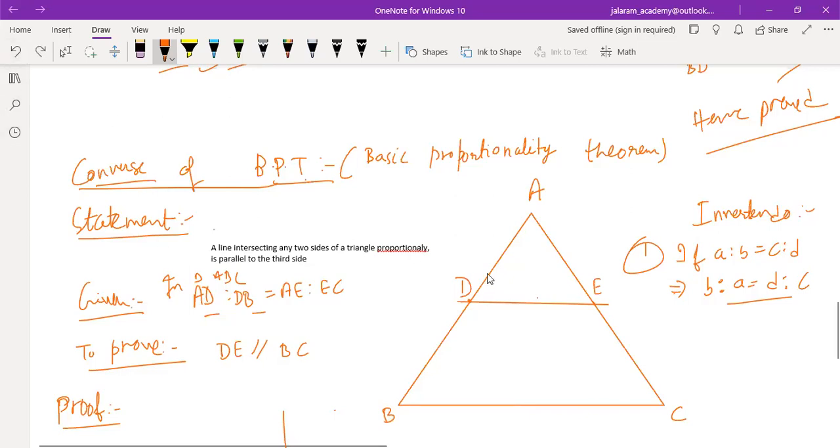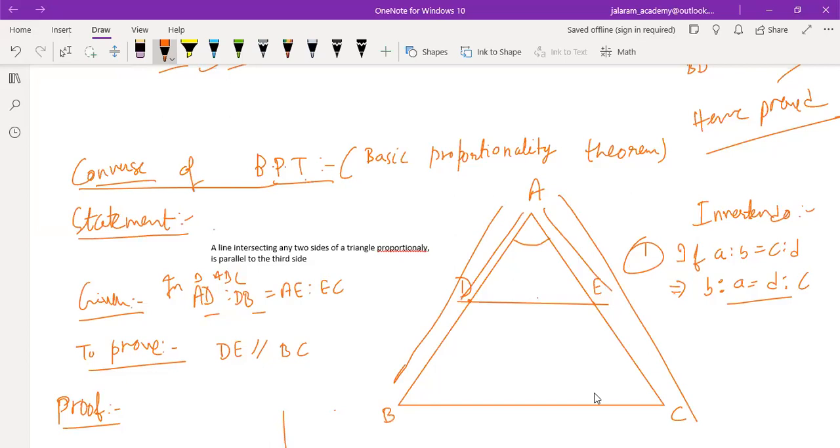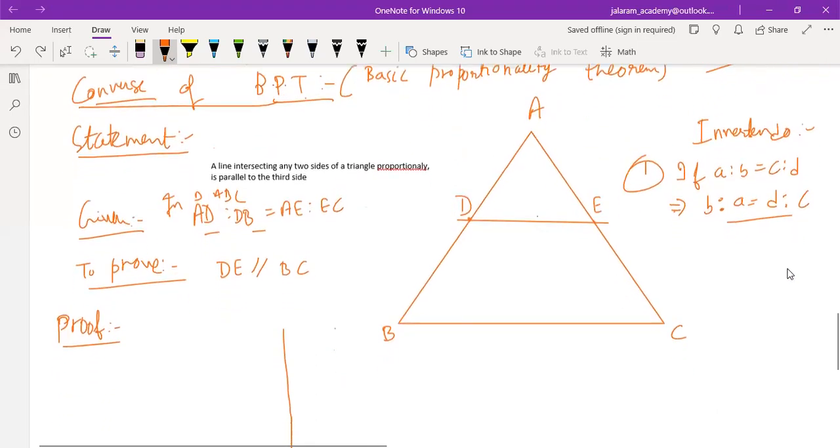And this will be used to prove the similarity. The angle between AD and AE in triangle ADE is angle DAE, and the angle between sides AB and AC of triangle ABC is angle BAC. These two angles DAE and BAC are also equal. So these two triangles are similar by the SAS criterion of similarity, that if two triangles have two sides proportional and the angle between them equal, then the triangles are similar.